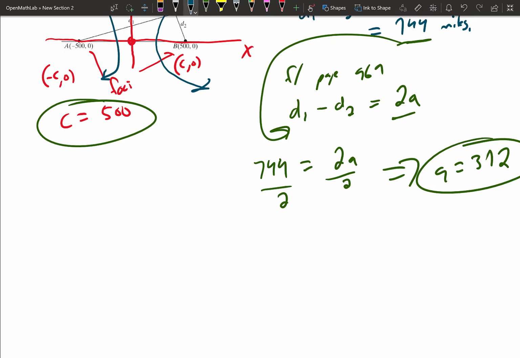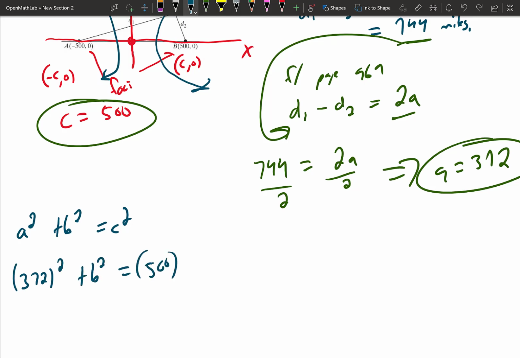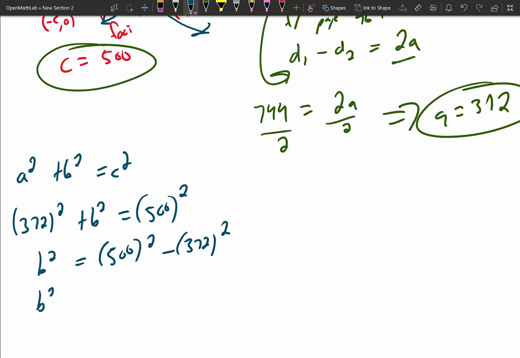So what we know is that a squared plus b squared equals c squared. So we would have 372 squared plus b squared equals 500 squared. So b squared would be equal to 500 squared minus 372 squared. So this gives me 111,616.